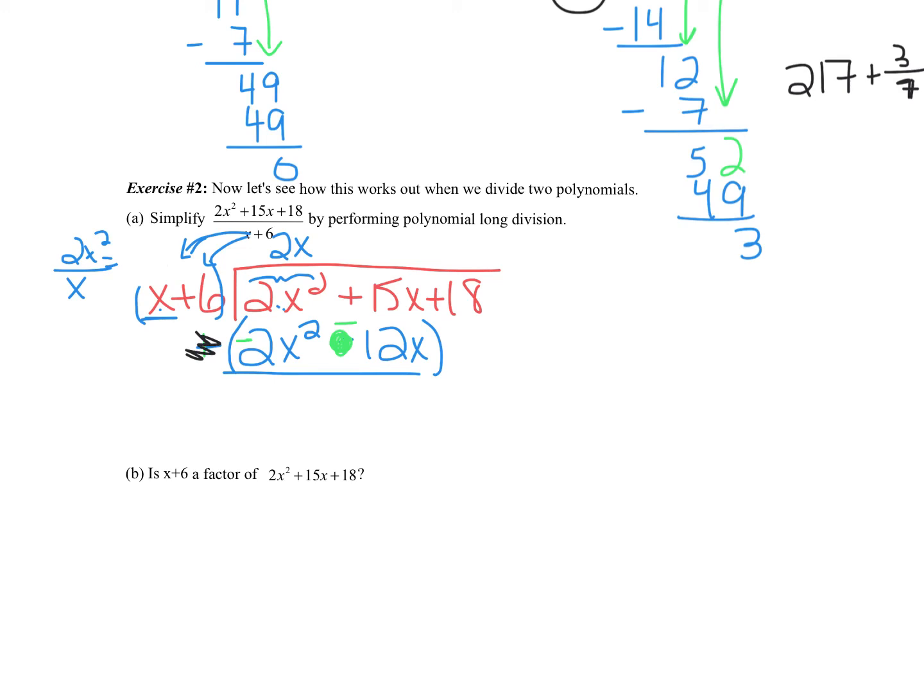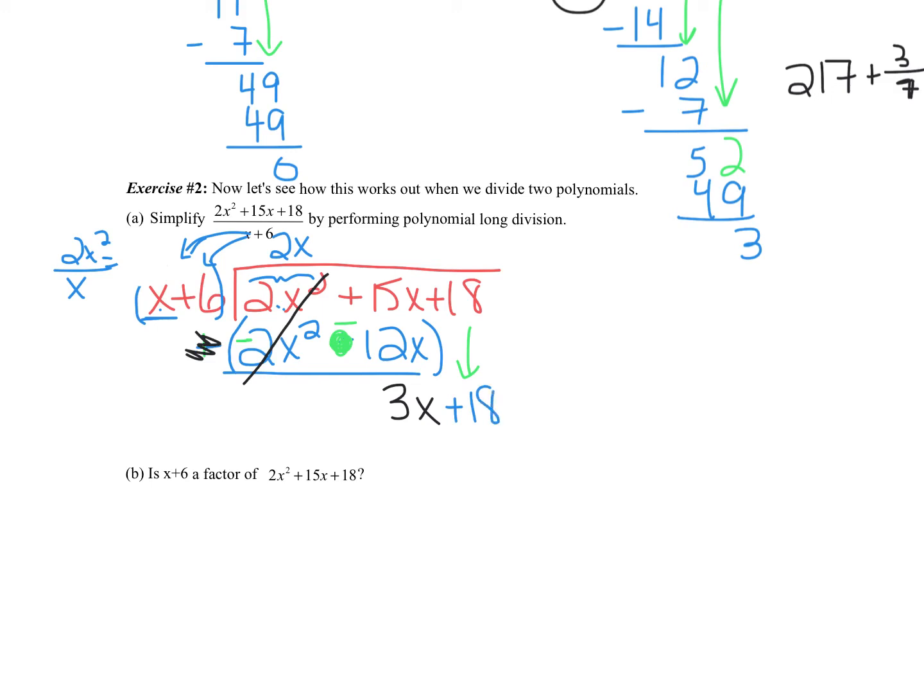So 2x squared minus 2x squared cancels. 15x minus 12x is 3x. Now this first part should always cancel like our 2x squareds did if we put the right thing up top. The next step, like with the integers, is to bring down the next number. So that's plus 18.